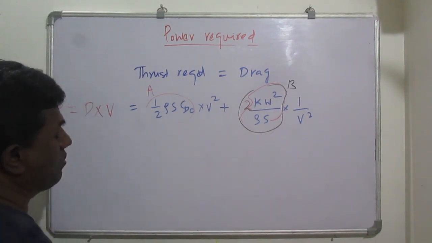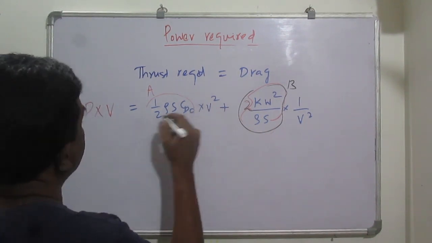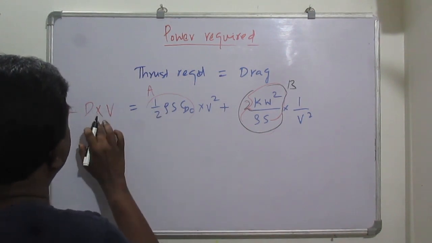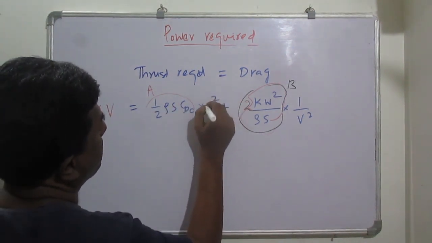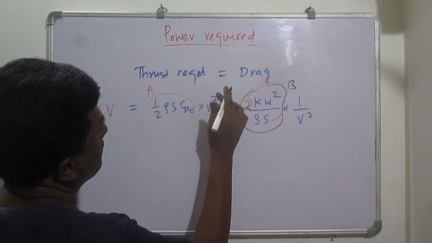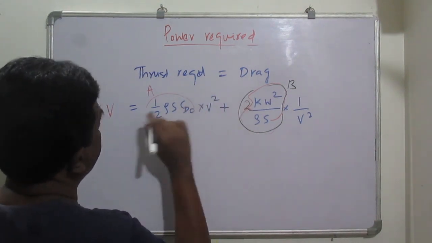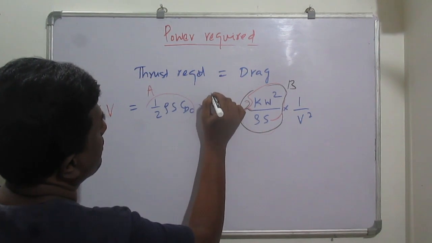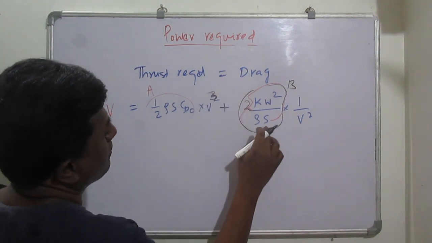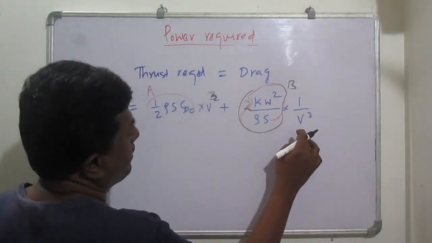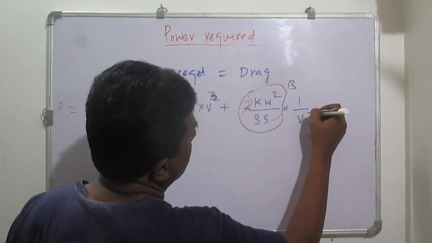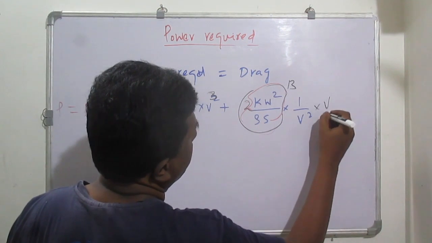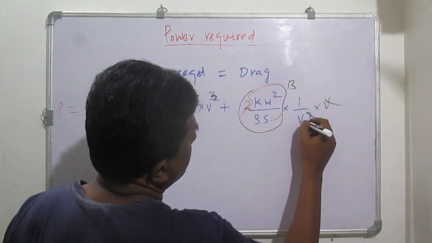On the left hand side we multiply, so on the right hand side we also have to multiply. Already here is V square, so multiplying with V, it becomes V cube. Then B by V square multiplied by V, so this will cancel and only V remains.